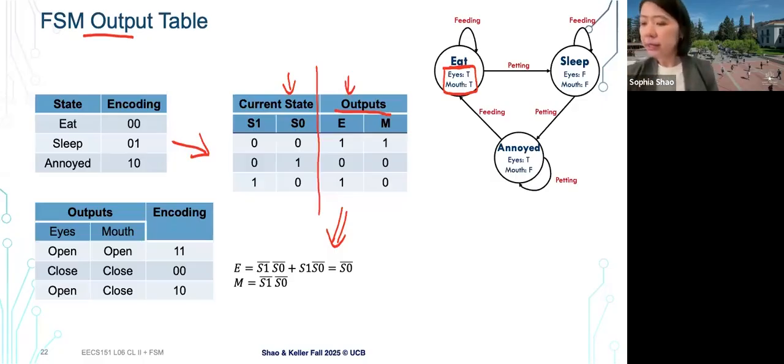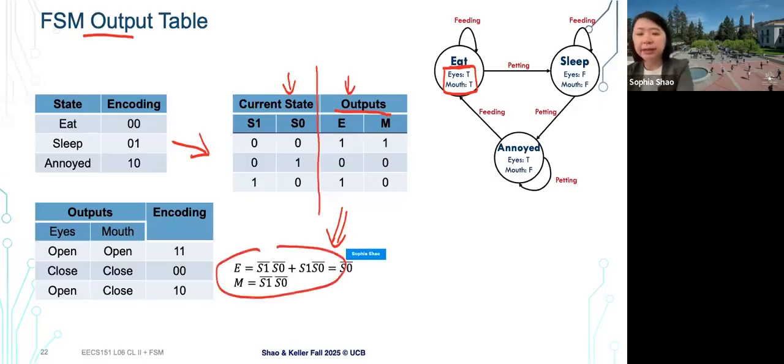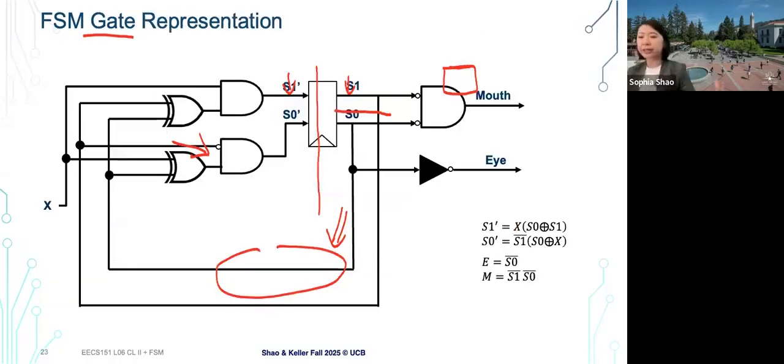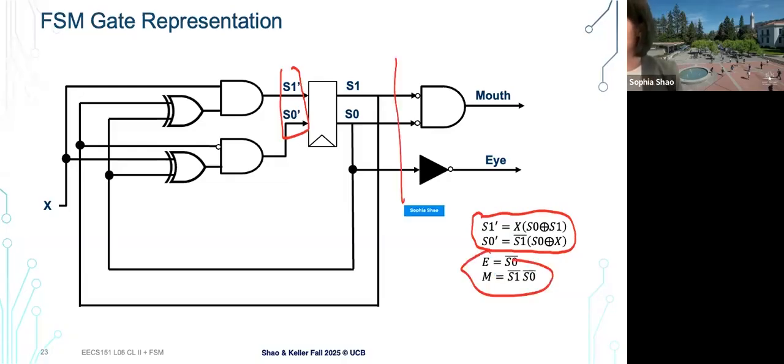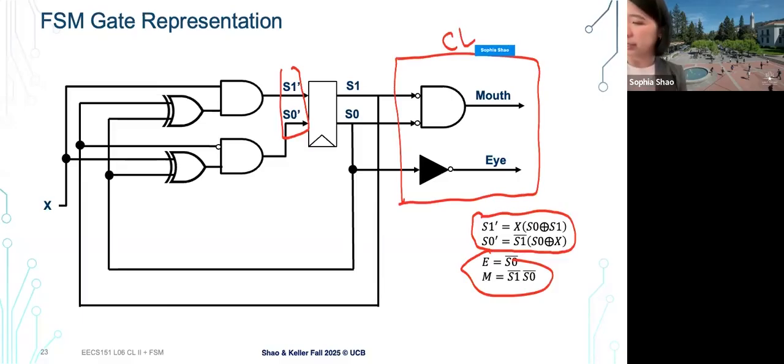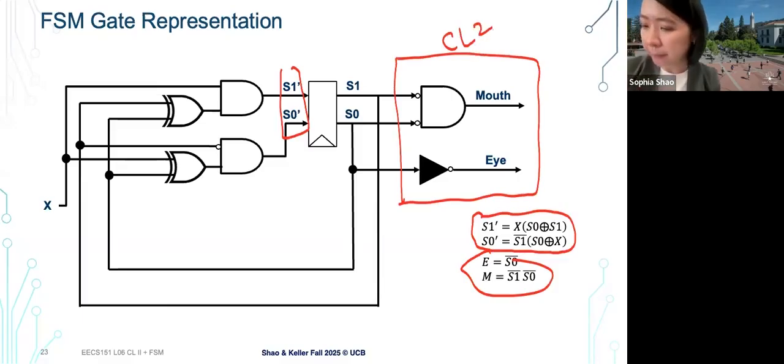So again, once we have the Boolean expression, you can actually get to a gate level representation. And here is how we actually calculate the next state. And here is how we calculate the output, right? So at a very high level, this is a combinational logic, the second combinational logic, to calculate the output.